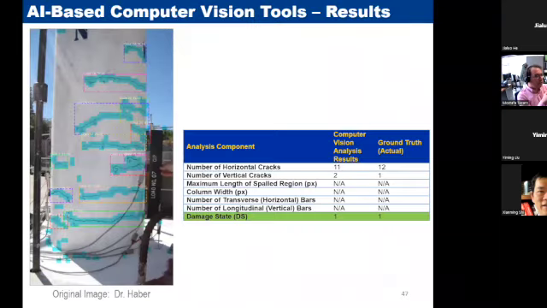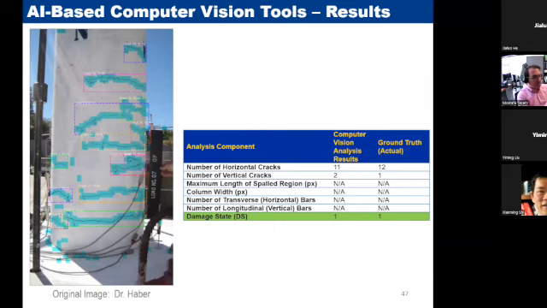And here I'm going to show you a few results of the damage detection using the AI tool. Here is the list of the things that this tool will do for you. It will give you the horizontal cracks, vertical cracks, spalled region normalized to the diameter of the column, number of horizontal or transverse bars, and number of the longitudinal bars.